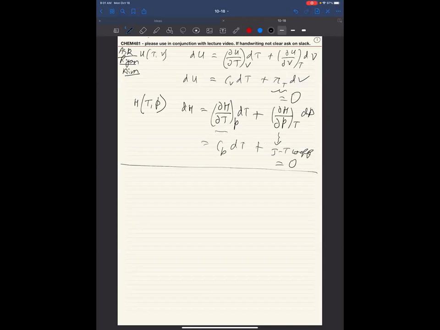But now today, we continue our discussion of the second law of thermodynamics. We have had many equivalent statements so far.